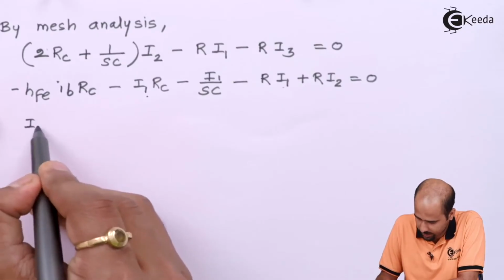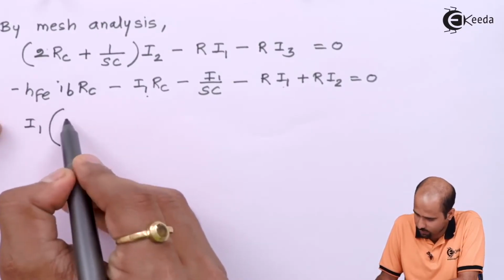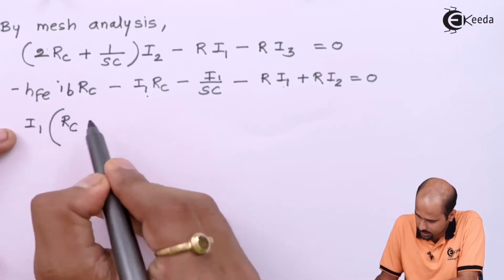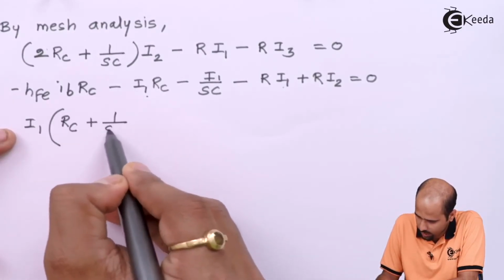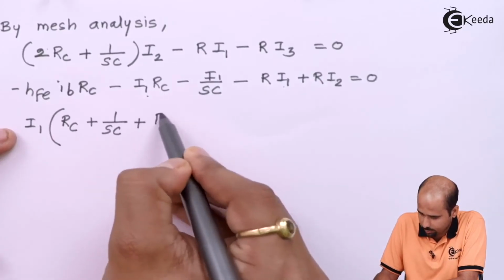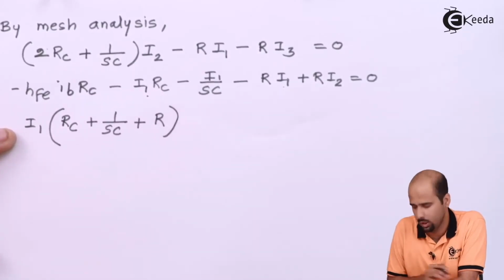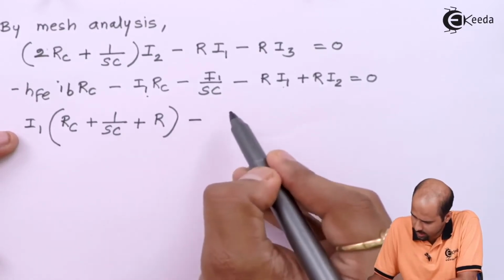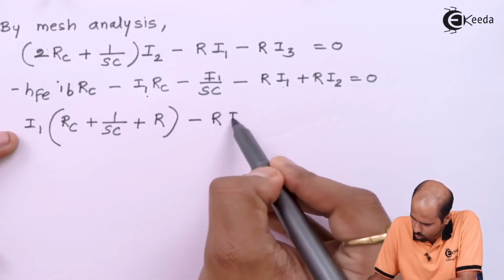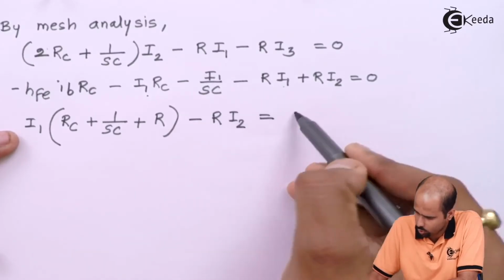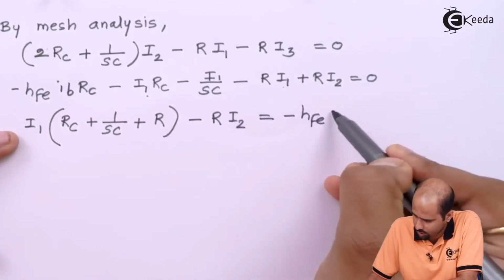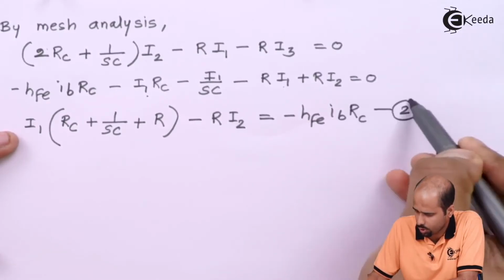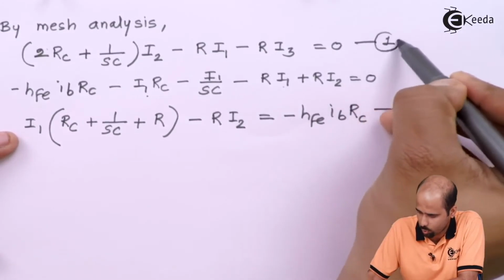So I1 is multiplied by (RC plus 1 upon SC plus R), minus R into I2, is equal to minus HFE IB into RC. That will be your equation number 2. Here that was equation number 1.